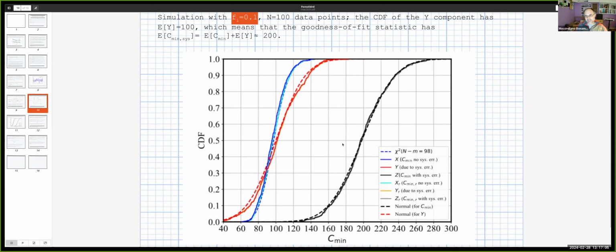So this is a situation in which we will be getting a minimum of about 200, which we have a choice to discard because we say it's too large, or attribute to the presence of 10% systematic errors, which incidentally are quite large. It means every model value has an uncertainty that is distributed according to a Gaussian with 10% relative standard deviation.